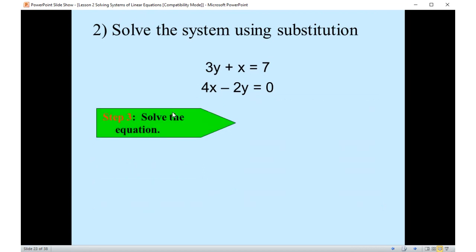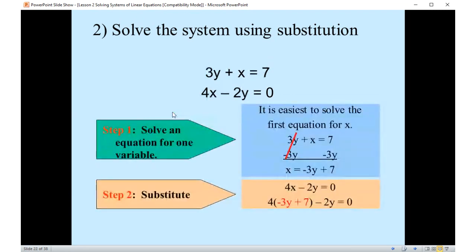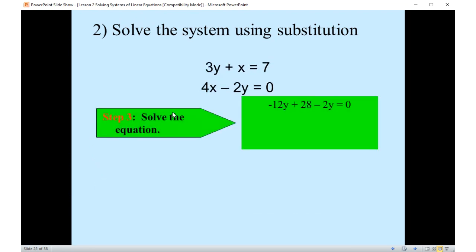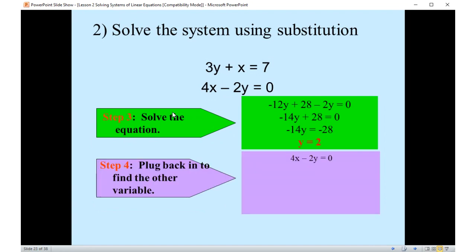Here's the next. Oh, this is the same one. Is it? It is. Oh, it just continued. Okay. So when you substitute in 7 minus 3y, that's what you get. Oh, y equals 2. Whoops. I had that wrong when I said it. And then you plug a 2 in for y, and you get x equals 1.